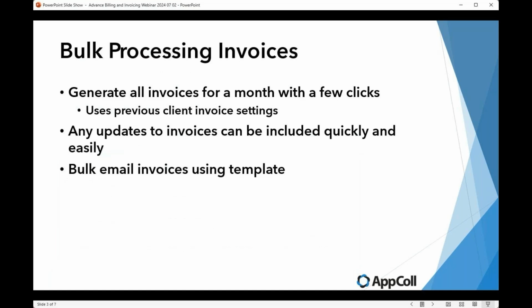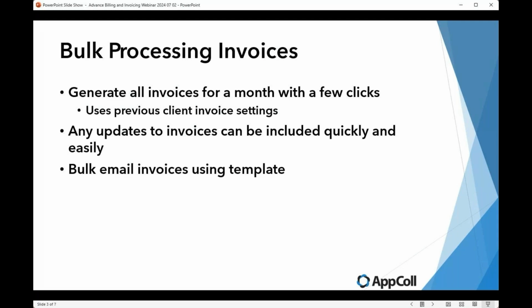First, bulk processing of invoicing. So this is a way to generate all your invoices for a month or whatever period it is you use for invoicing with a few clicks. When you generate invoices, what AppCall will do is use whatever settings you had for that client for this month. Means you don't have to go to each one and look at it.